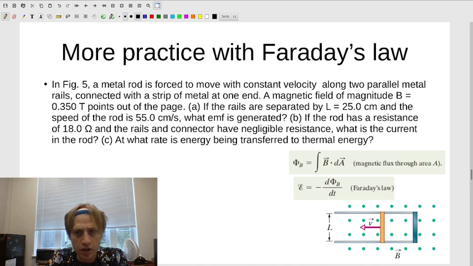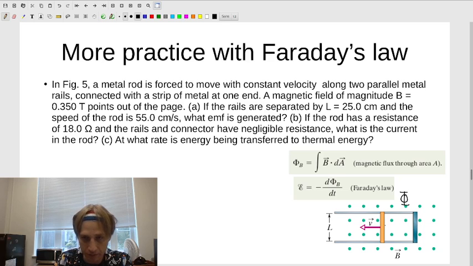Okay, here's another one where we're practicing with Faraday's law. I just want to comment on what direction we would expect the current to flow. In the last video, I already went through all the other elements of this problem. In this one, we've got a flux that's coming out of the board.